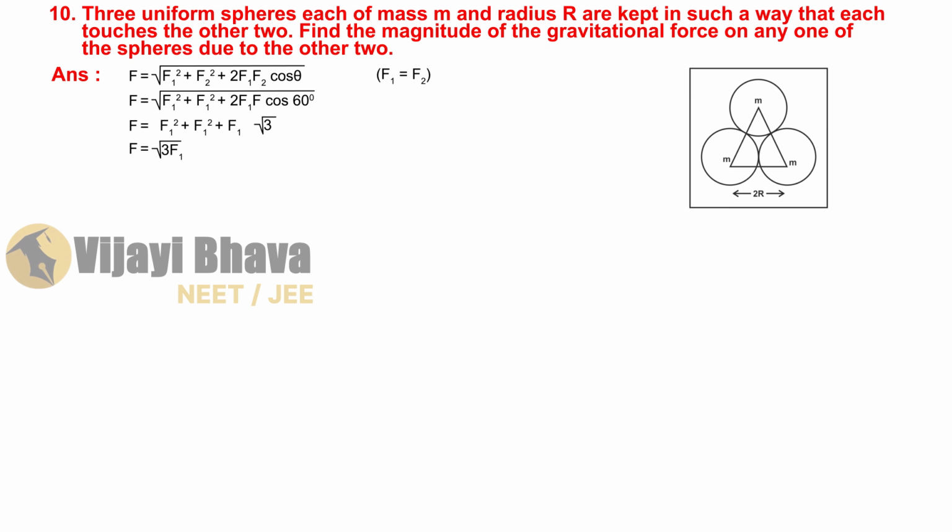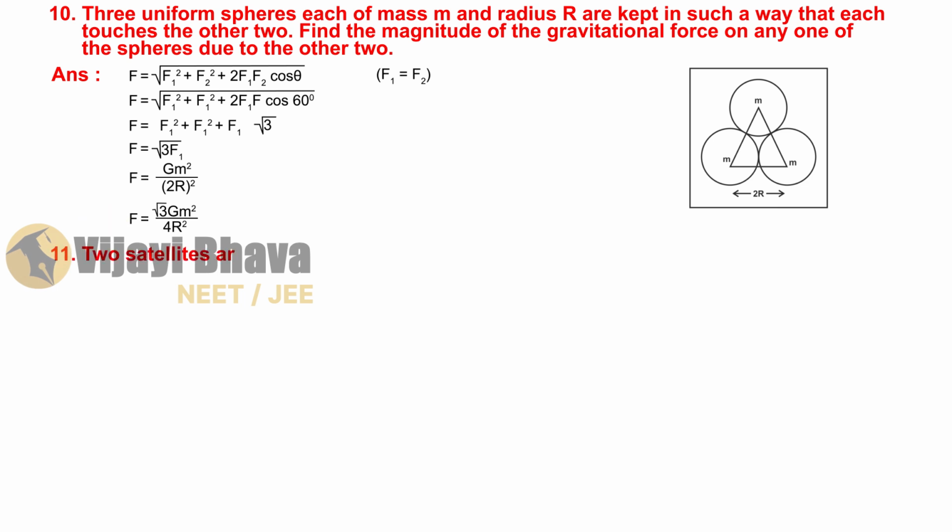So the distance between the two bodies becomes 2r. So we can write F1 is equal to G m square by 2r whole square. Otherwise, F is equal to root 3 G m square by 4r square.